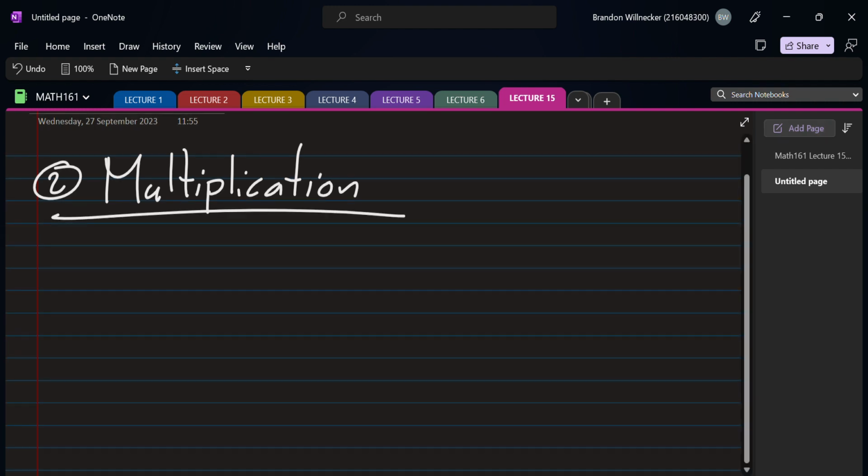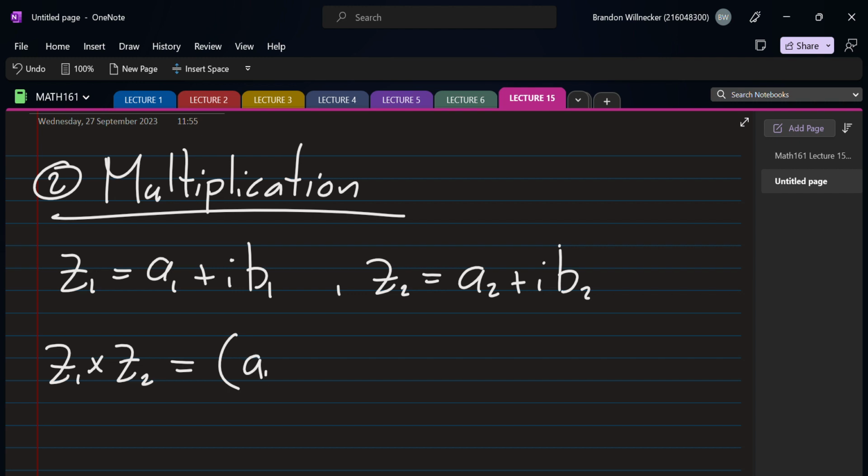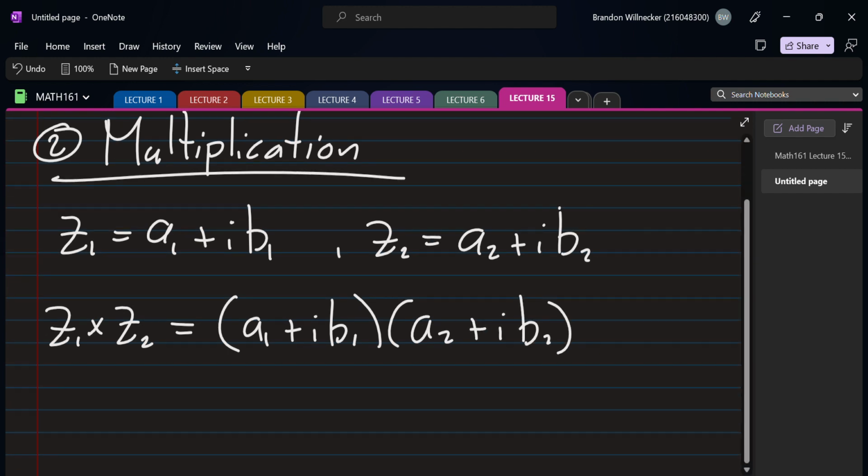Okay, so multiplication. So here we have Z1, a1 plus i b1, and we have Z2, that's a2 plus i b2. Now we want to find Z1 times Z2. So we can write this in brackets like we had before. a1 plus i b1, brackets, a2 plus i b2.